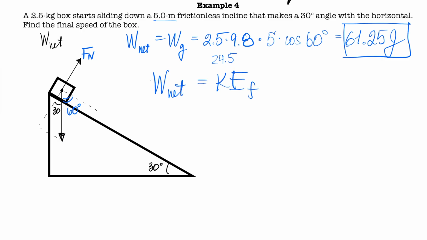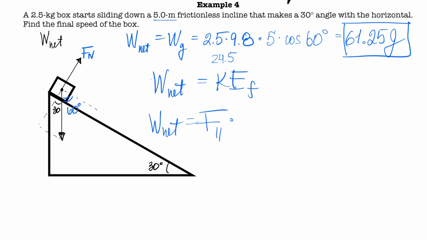Another way I could have found that work net was to find the parallel part of the force, which is this right here. This is mg sine of 30, which happens to be 24.5 divided by 2, 12.25 newtons. That's the parallel component, parallel to the displacement.